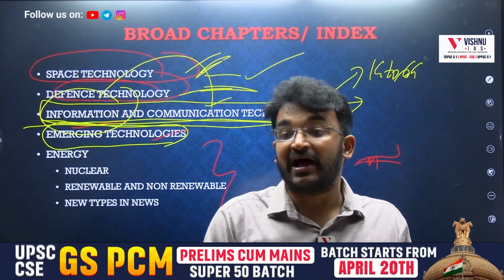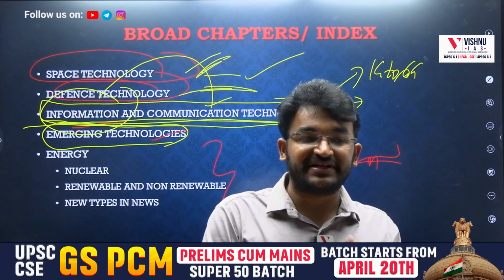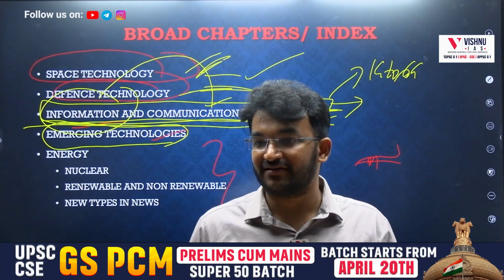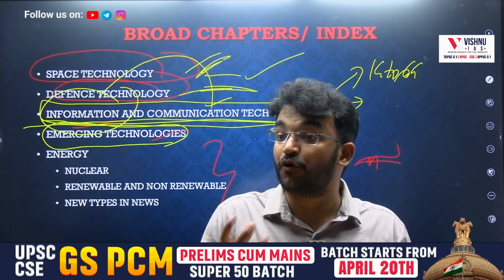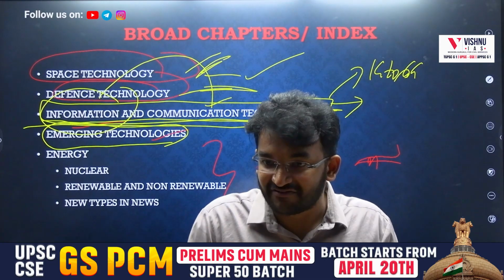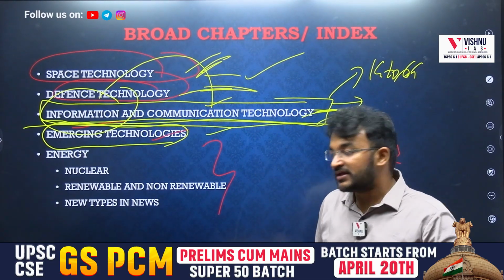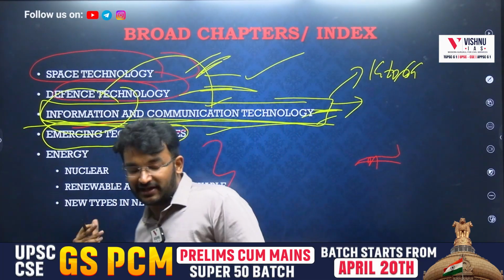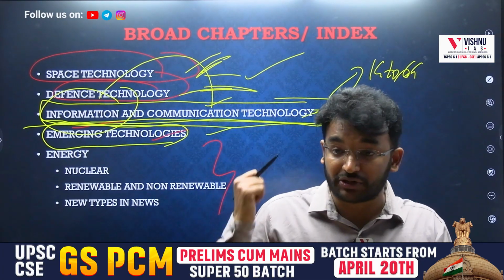For example, artificial intelligence, quantum computing, augmented reality, virtual reality, cloud computing, 3D printing, 4D printing, Internet of Things, Metaverse. We will be seeing all these things in emerging technologies. This will also be a very interesting chapter. Listening to the names itself is interesting, right? So you will be learning a lot of new things.